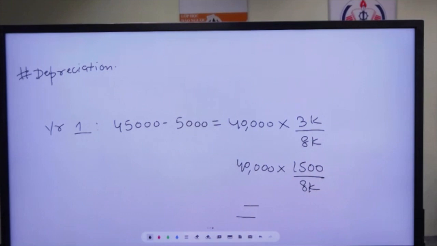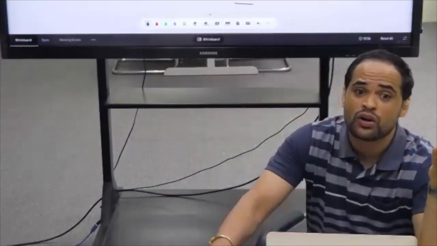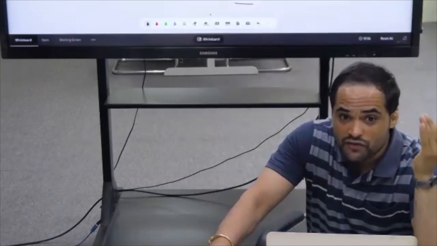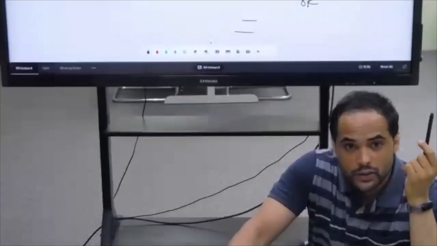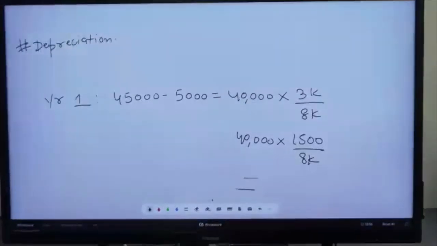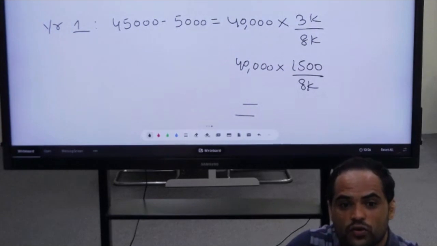So we need to calculate the depreciation separately in each year. Yes, you don't have to add 40,000. I mean, you don't need to add the first year, second year, because if you add them all, of course, it will be 40,000. You have to tell me the first year depreciation, how much, like the formula I wrote down here, all right? First year, how much, second year, how much, third year, how much, fourth year, how much.